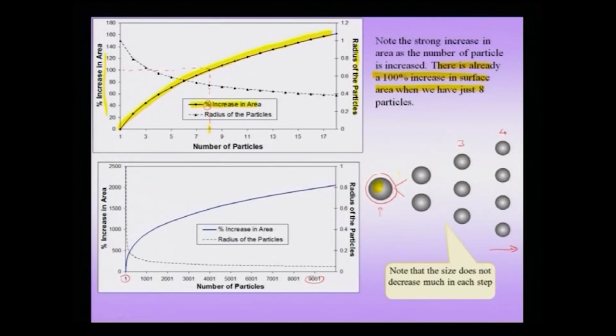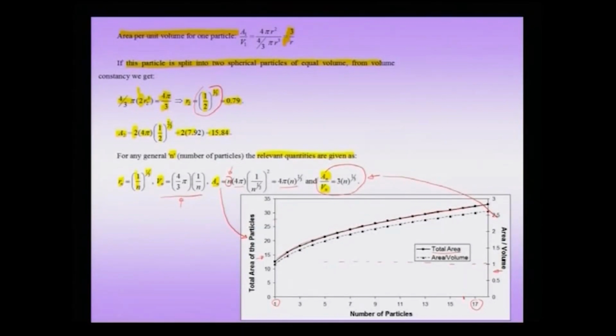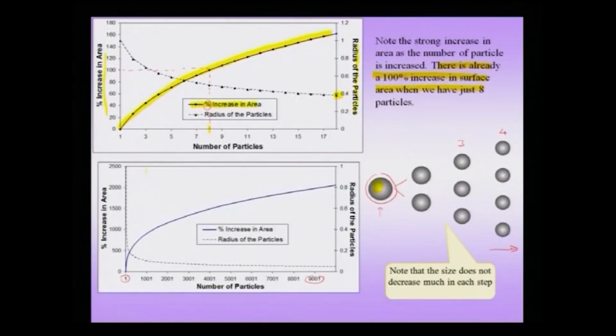The radius is not changing that drastically as compared to the surface area or percentage increase in surface area, and you can see that even when you have divided your particle about 18 times, the radius has come down to only about 0.4, starting from a radius of 1. That implies that the radius is not decreasing drastically, and of course, that is directly a consequence of the way the function depends, it is 1 by n to the power 1 by 3, but my overall percentage surface area increases.